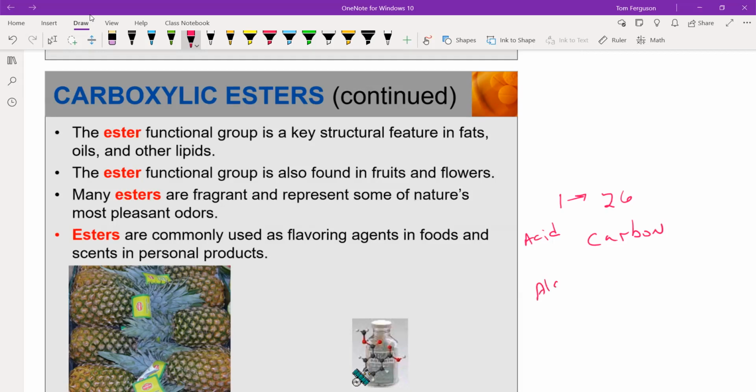For the alcohol side of the ester, you can also get a very long alcohol. In fact, when you have a really super long acid and a super long alcohol, that's defined as a wax.